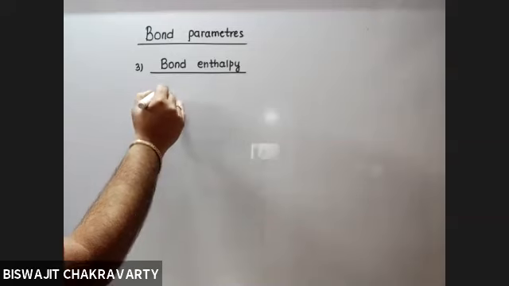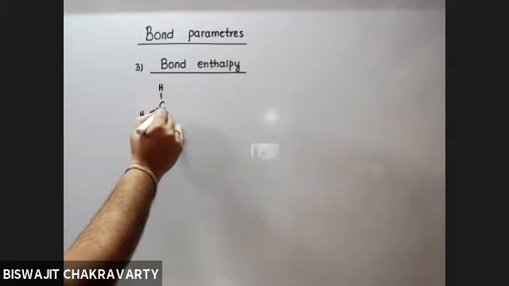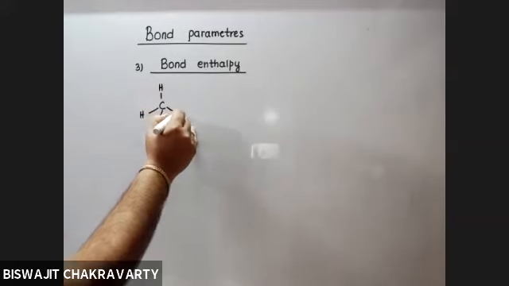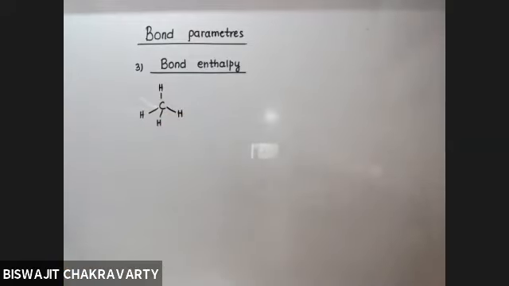Methane has 4 carbon hydrogen bonds. And to break each bond, you need to supply a different amount of energy. You might ask me, why is it so? All are carbon hydrogen bonds. Then why do they require different amounts of energy to be broken?